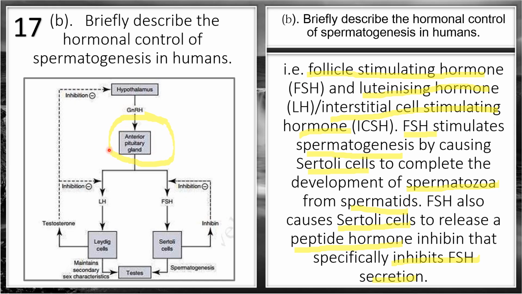So when the pituitary gland secretes the follicle stimulating hormone, it causes the Sertoli cells to complete the development of the spermatozoa, and then they release inhibin, which will inhibit further production of follicle stimulating hormone.